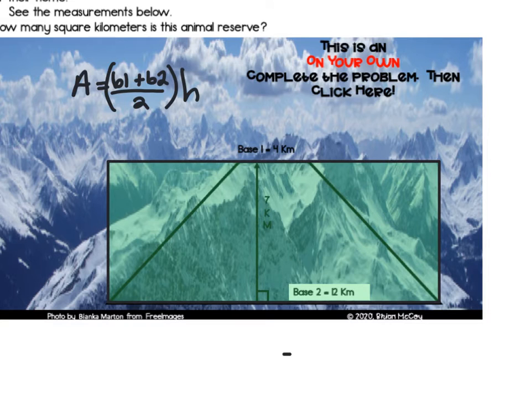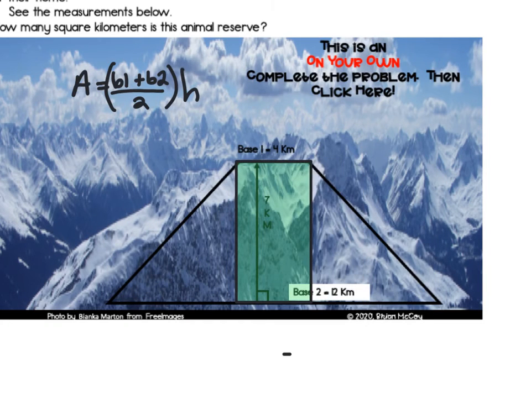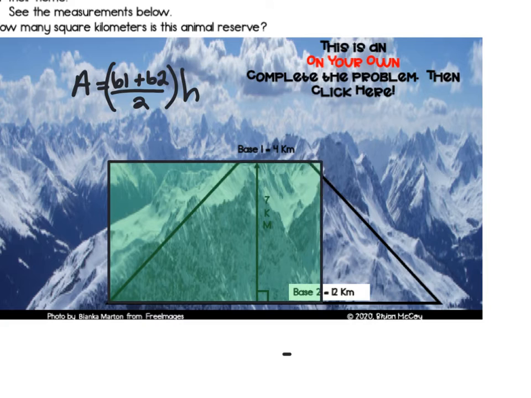Now, if you notice here, you've got the top base, which only goes from there to there, right? And just goes right along there, right? Then you've got the bottom base, which extends from here all the way to there, right? Well, if I get the average here by adding them together and dividing by 2, that gives you the average. So then what I'm doing is taking away a little bit from the bottom, right?